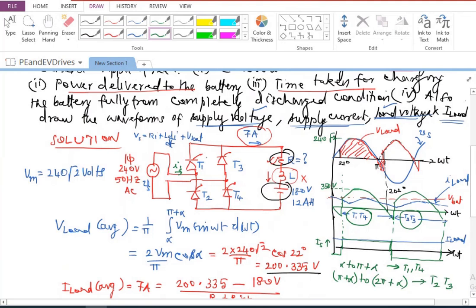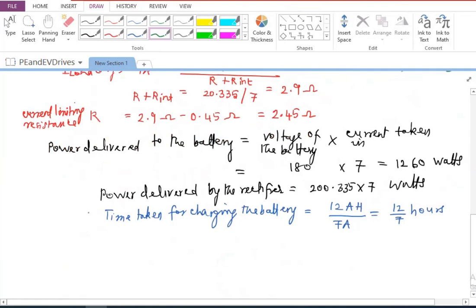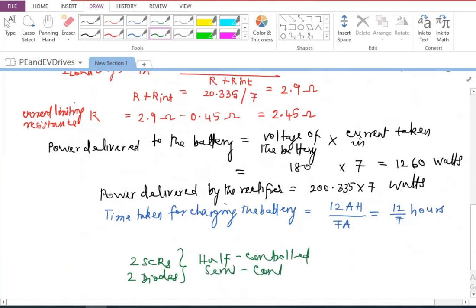Instead of having all four as SCRs, if I am going to have two SCRs and two diodes in a single phase controlled rectifier, we call that a half controlled or semi-controlled rectifier.